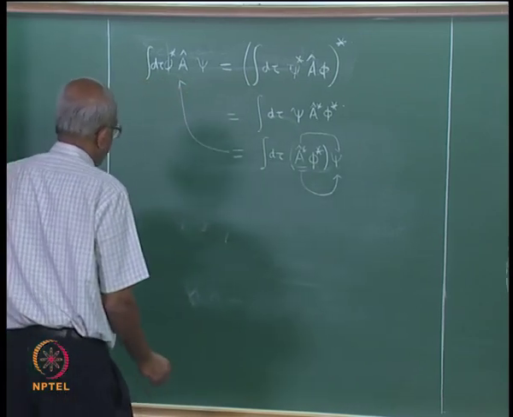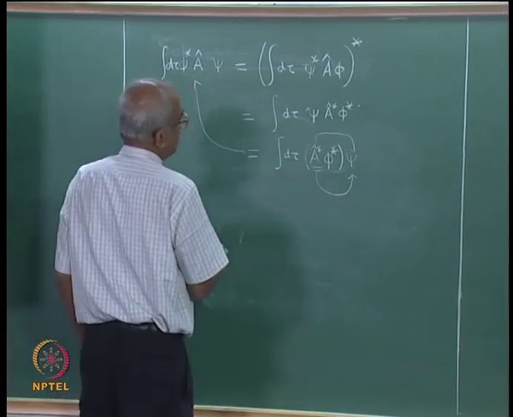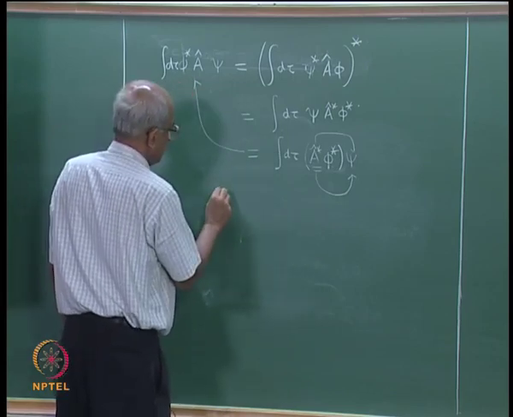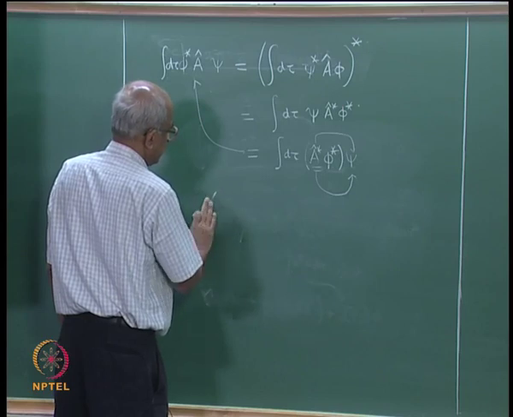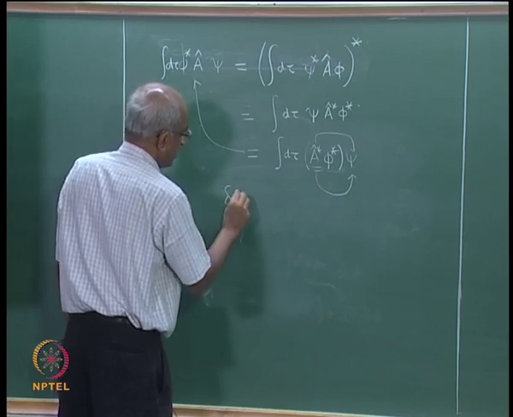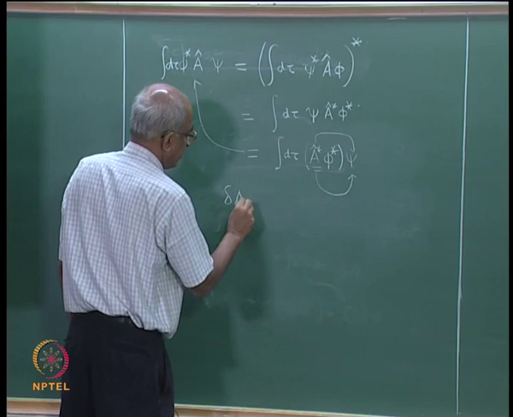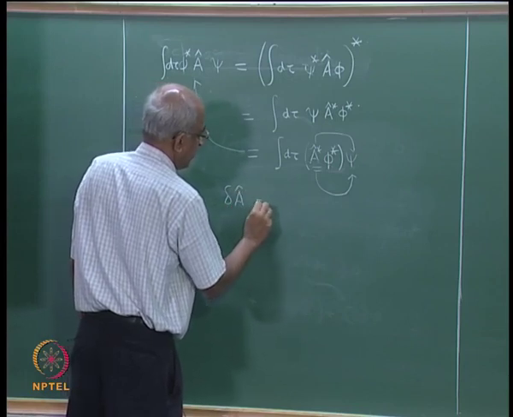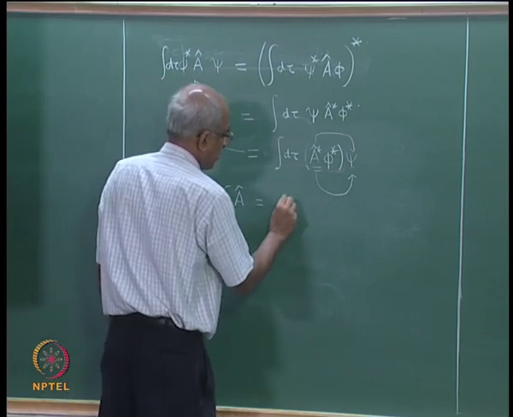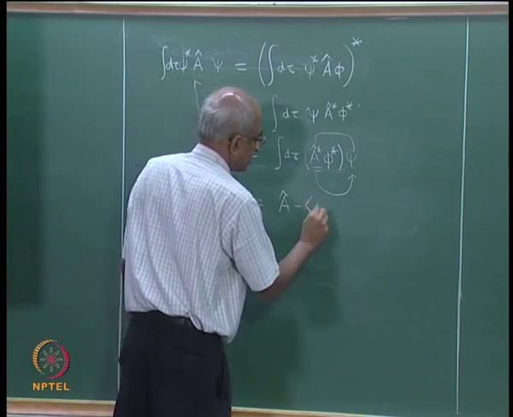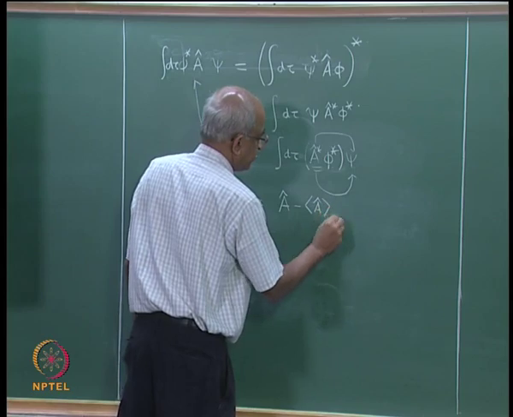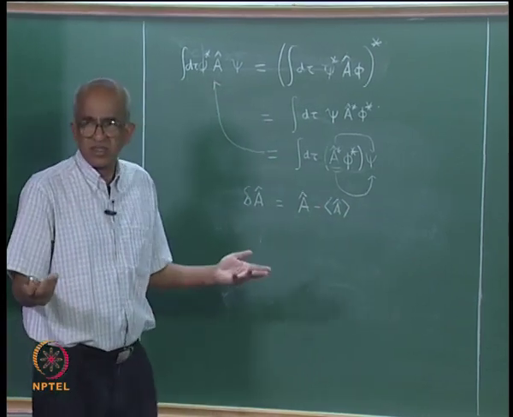So, with this let me think of an operator which I will denote as delta A. Why do I call it delta A? Because I am going to say it is nothing but A minus the expectation value of A. There is nothing wrong in that.